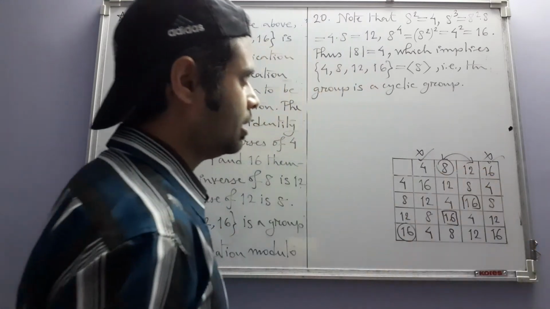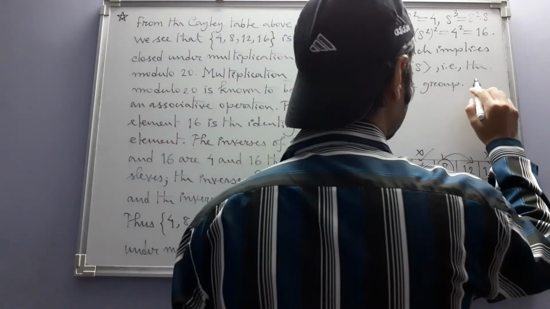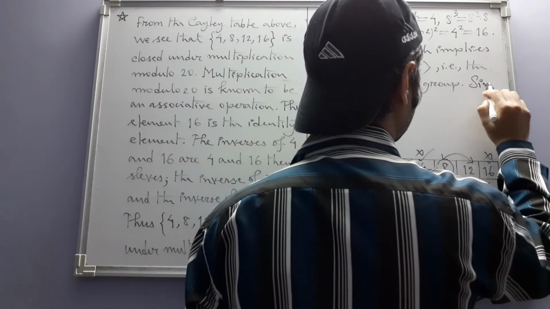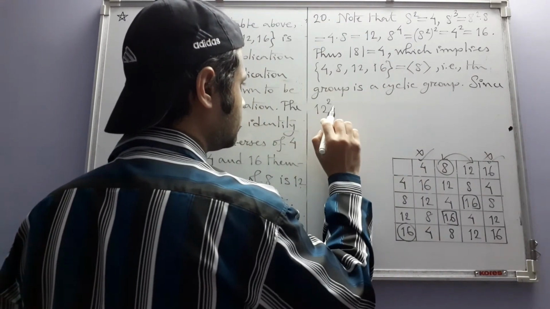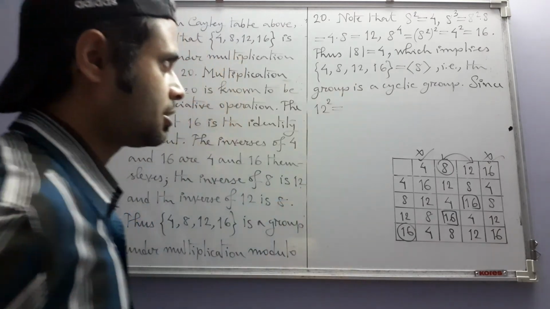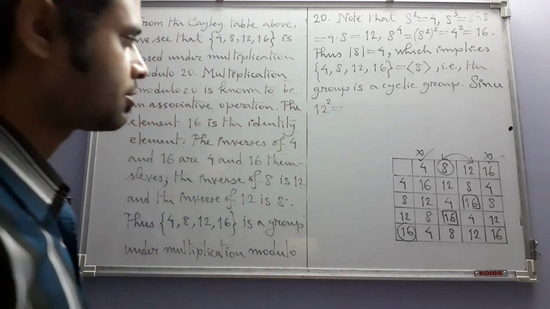Now what about 12? Since for 12 also you will see that the order is just like 8, it is 4, so it is also a generator.